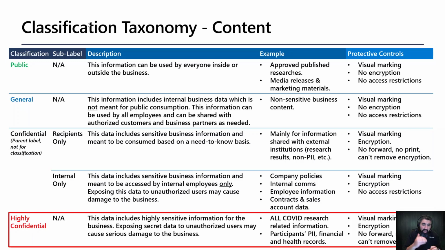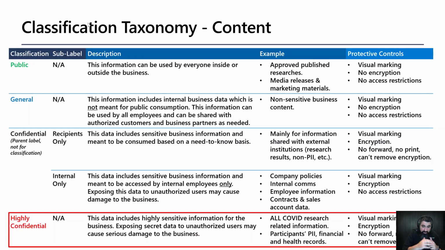Moving on to the highest and the last category that we have, which is highly confidential, which basically includes highly sensitive information for the business. Exposing secret data to unauthorized users may cause serious damage to the business. And again, go back to the risk assessment example that we gave.